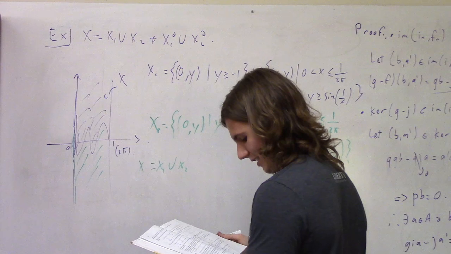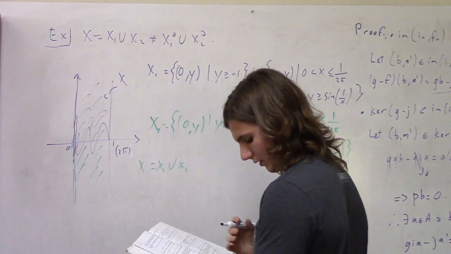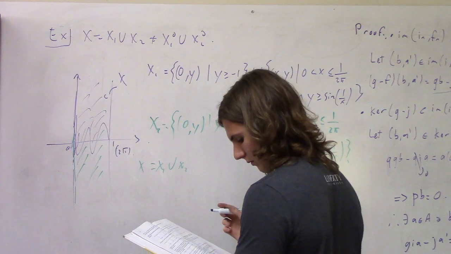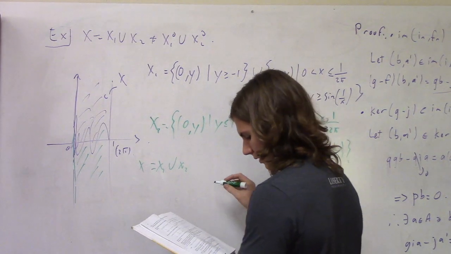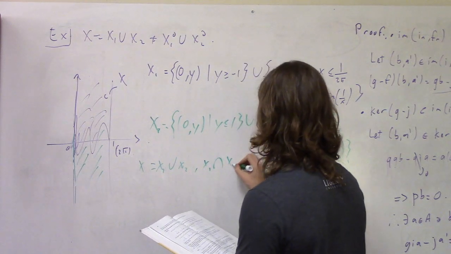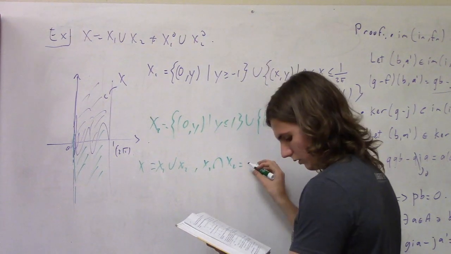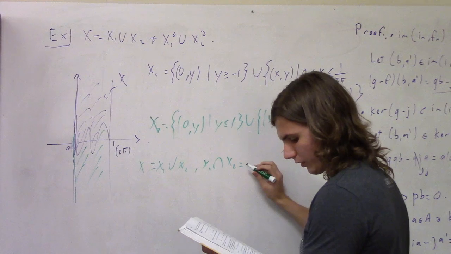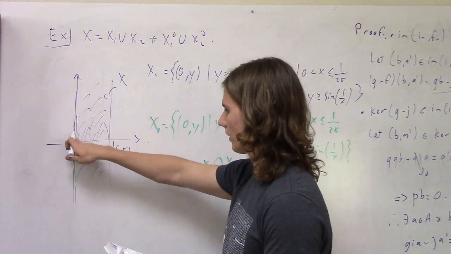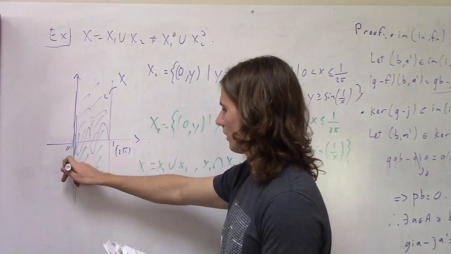There must be something interesting about this example; there's a reason he's doing this. X1 intersect X2 is equal to the sine 1/x space. So like we said, sine 1/x, and then this -1 to 1.